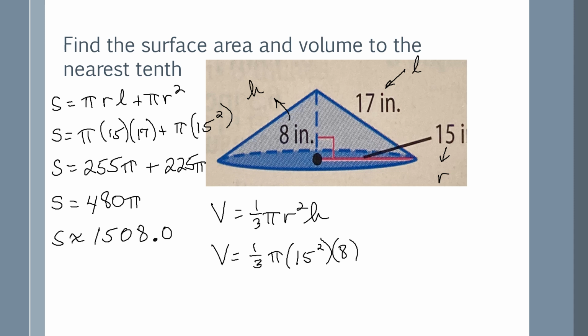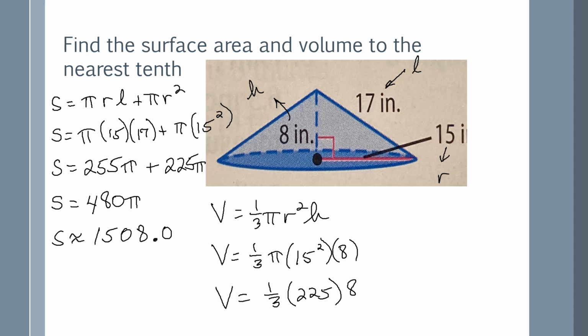All right, so we can rewrite this in order like this. Just here's a little hint. I've got 1/3 times 15 squared is 225 times 8. So you can go ahead and punch that in just like that, right? So make sure you use the proper buttons on the graphing calculator, and we will show you those in class.